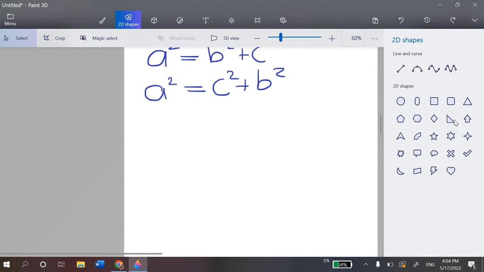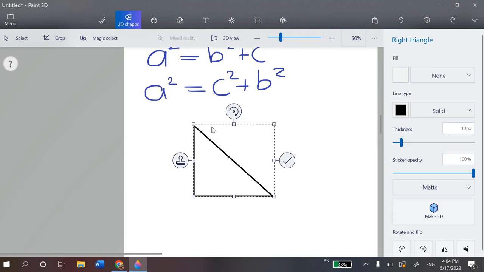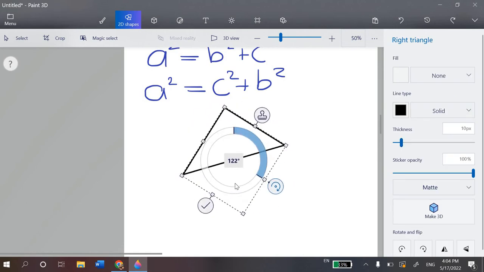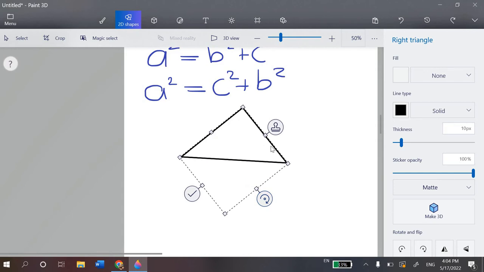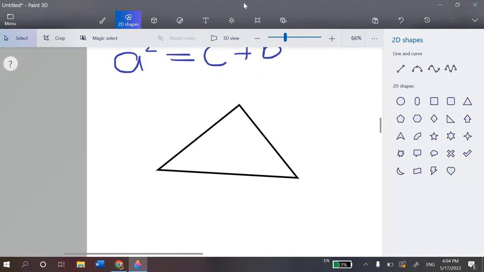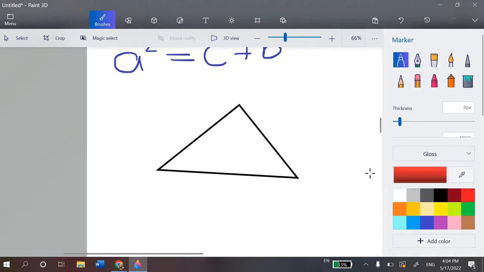Now let's try another quick example. Let's go with this triangle. I will spin it around a bit. There we go. This time here is our 90-degree angle.